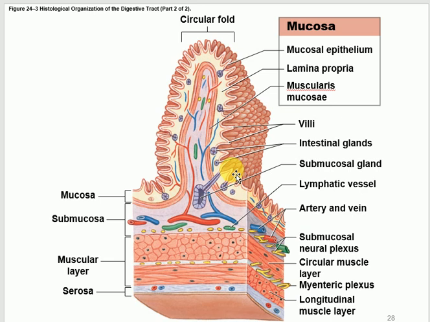And then the submucosa with everything in there: arteries, veins, lymphatics, nerve plexus. What's the nerve plexus here in the submucosa? Submucosal, also known as Meissner's. You should remember. And here are the layers of the muscles. Which one is this?